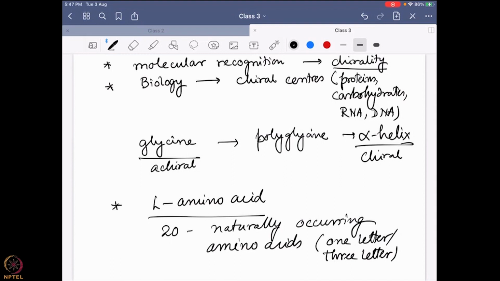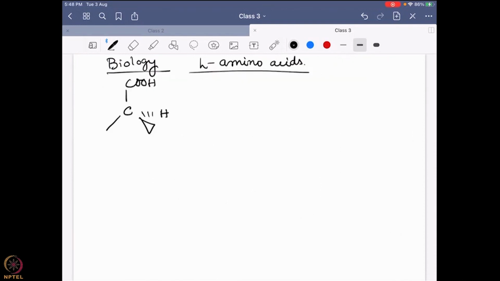When you draw these amino acids, the hydrogen goes at the back, then the carboxylic acid, and the R group, which is also known as the side chain of an amino acid, and that is the most important part because the rest of them are very similar for all the amino acids and generally make the backbone of the system, forming amide bonds. If you connect the carboxylic acid group, R group, and NH2 group, they form a left-hand rotation or anti-clockwise rotation. So this is known as the L amino acid.